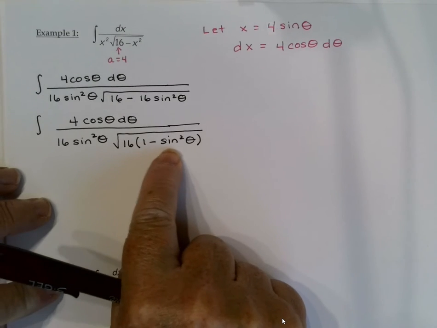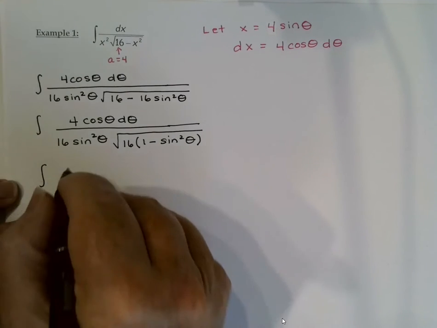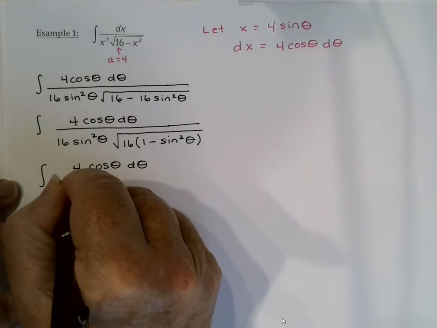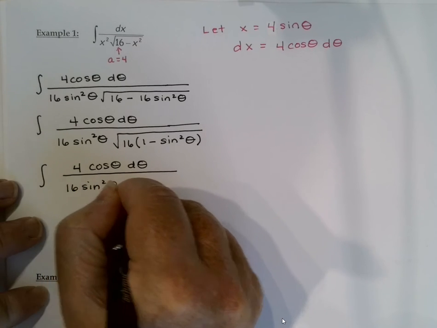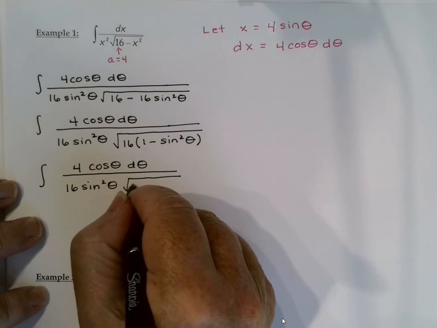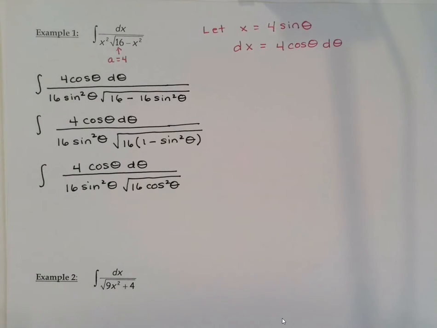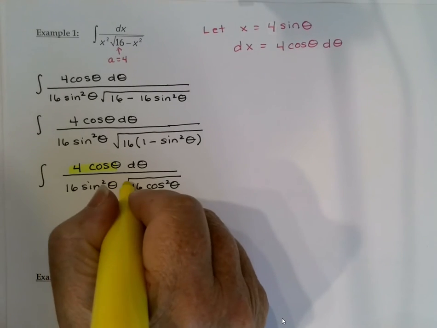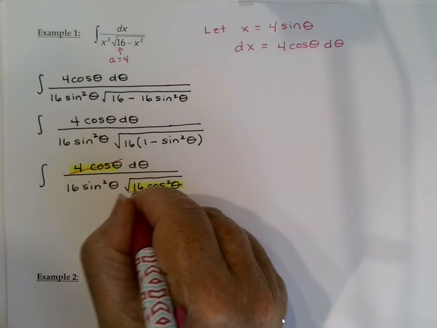And remember, 1 minus sine squared theta, that's just one of our nice trig identities. That's cos squared theta. So underneath my square root, I've actually got 16 cos squared theta. Now notice, that's 4 cos theta, and I've got a 4 cos theta on the top.